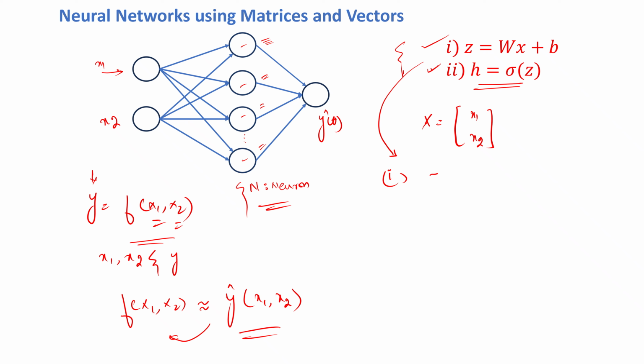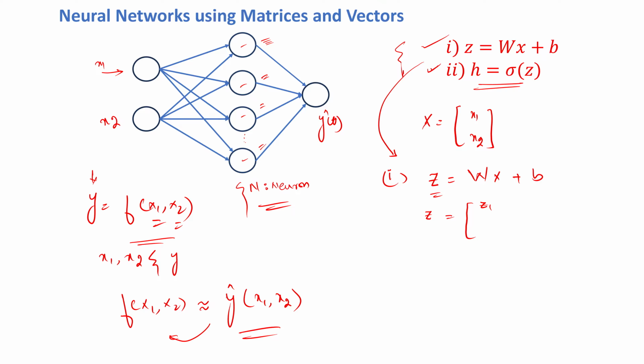So the first step is z is equal to wx plus b. So if you recall, z contains the linear combinations of each neuron. So this z is also a vector.